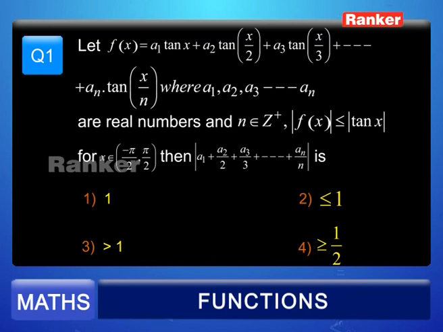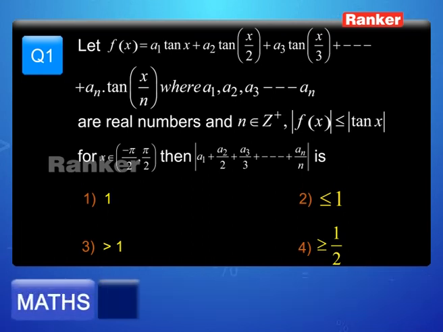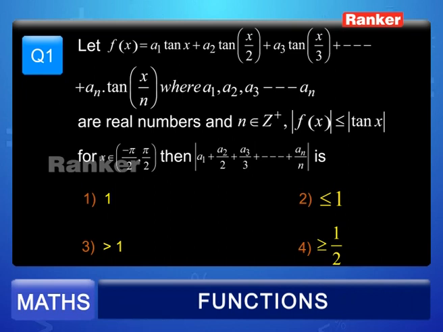Let us receive the things given in the data very carefully. |f(x)| ≤ |tan x|. It is the crucial information from the data. Moreover, observe the question.